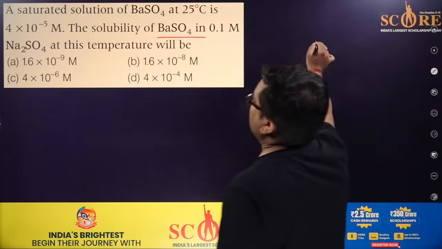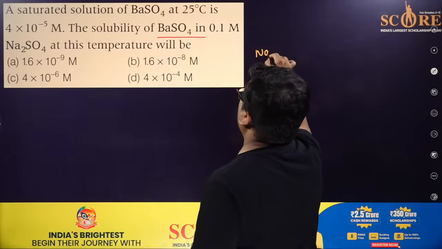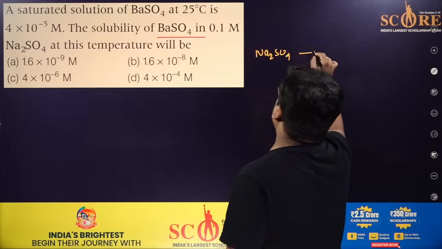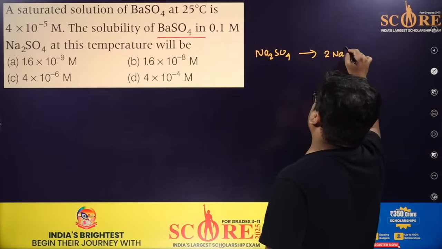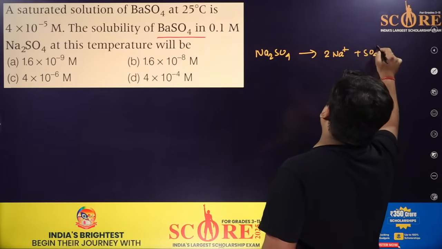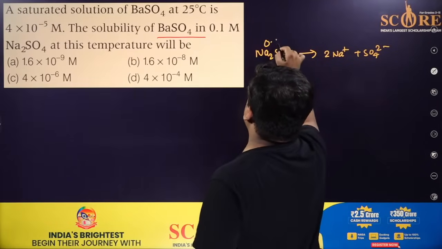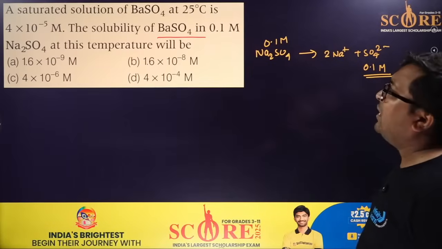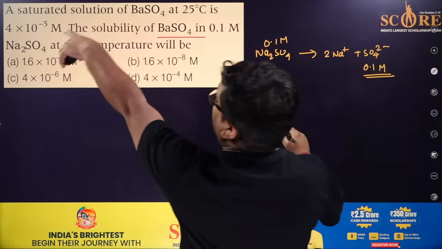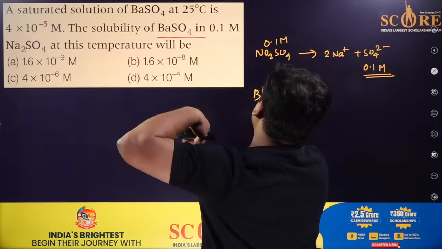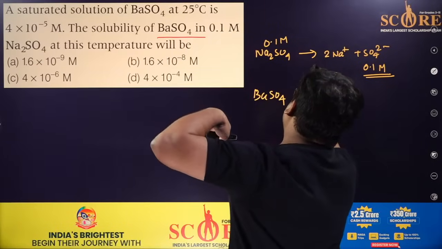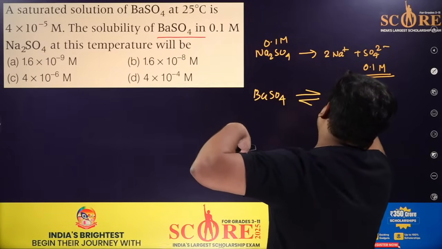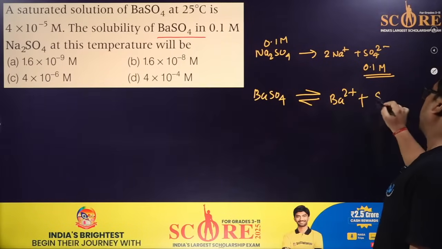So Na2SO4 dissociates into 2Na+ and sulfate ion, and this is the concentration. The sparingly soluble salt is barium sulfate. If it dissociates, it will also form sulfate ion.